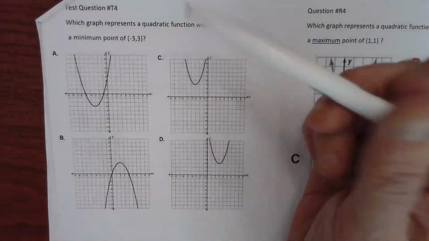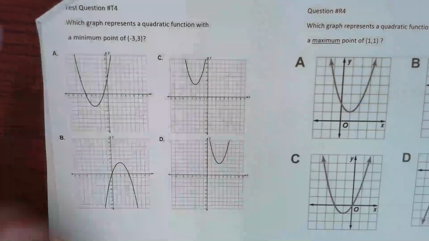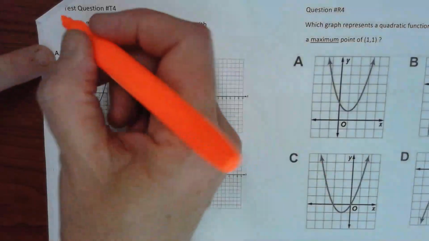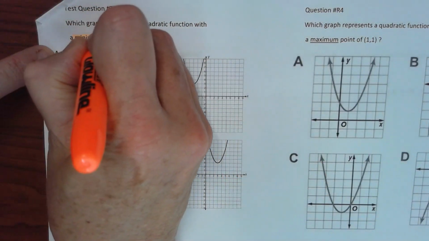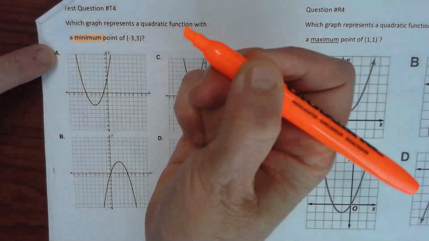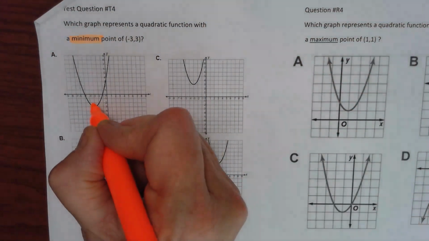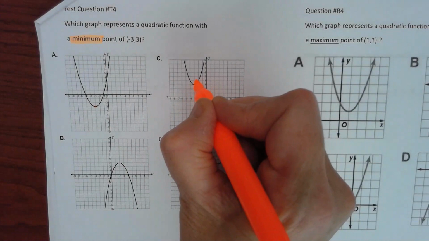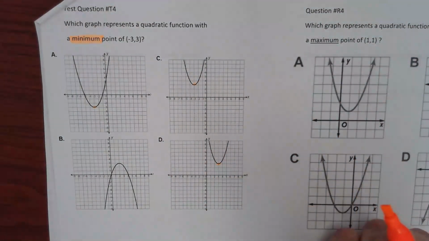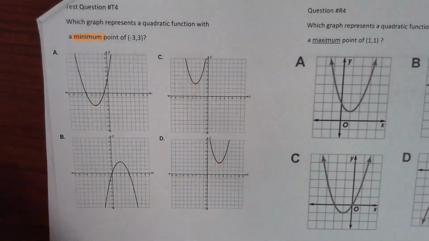Okay, which graph represents a quadratic function with a minimum point? Keyword is minimum. Minimum point. Well, notice this has a minimum, this has a minimum, this has a minimum. This does not have a minimum.